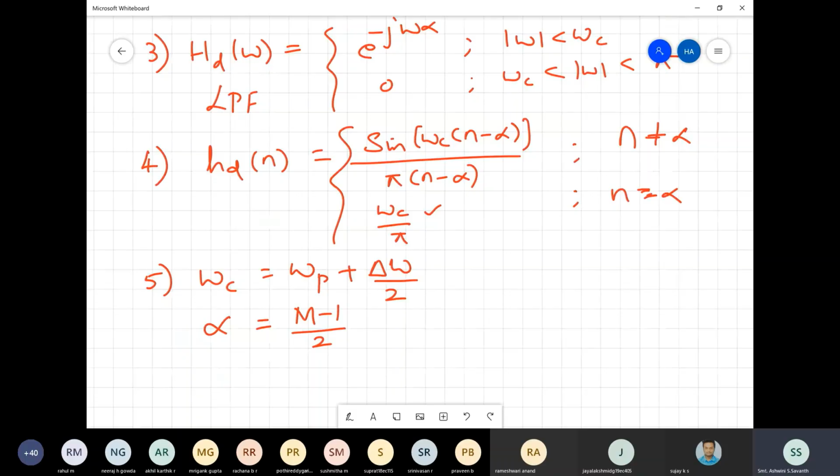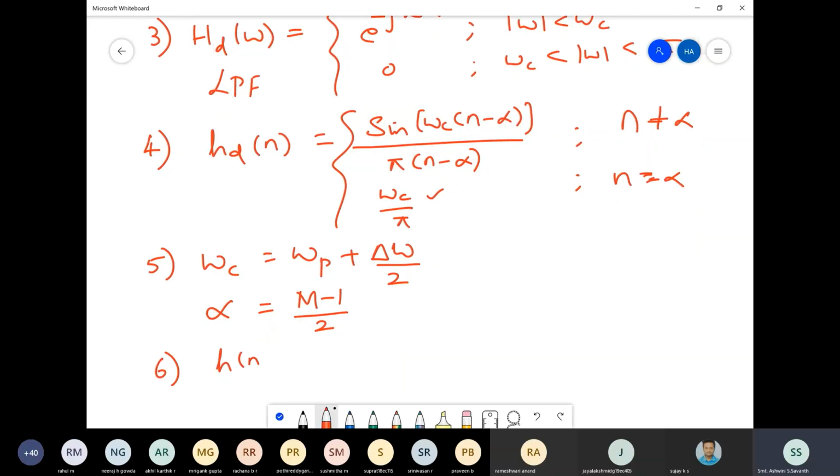Finally, write down the equation h of n equals HD of n into W of n. W of n is the window function, which you know the equation for, depending on the kind of window. So you know W of n, you know HD of n, multiply the corresponding samples.